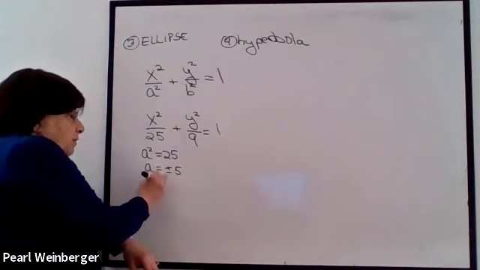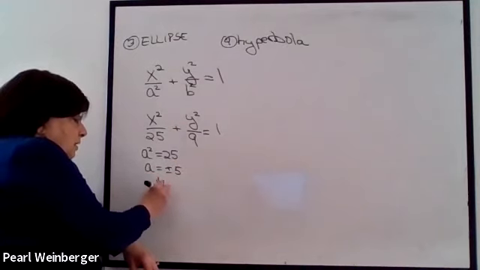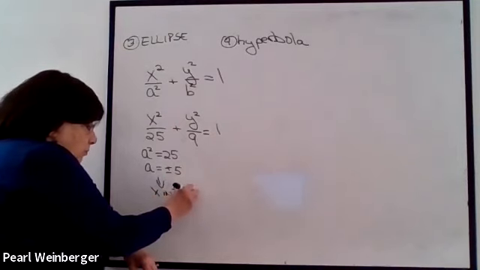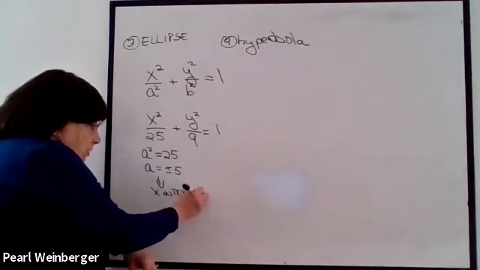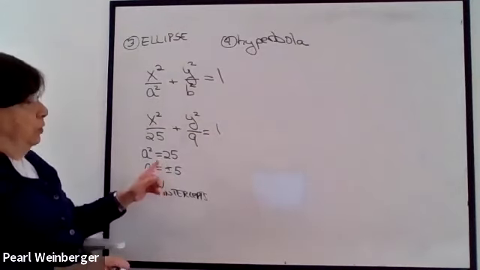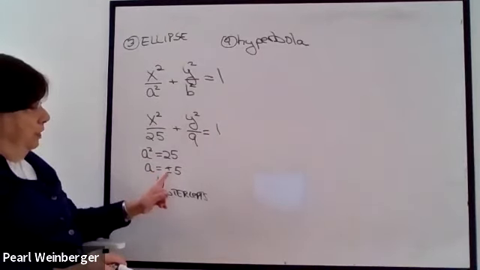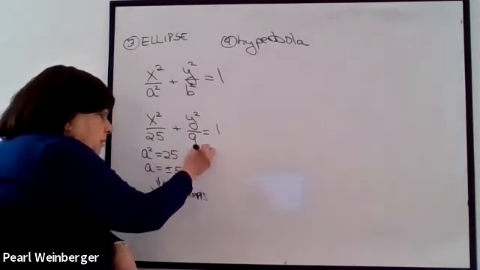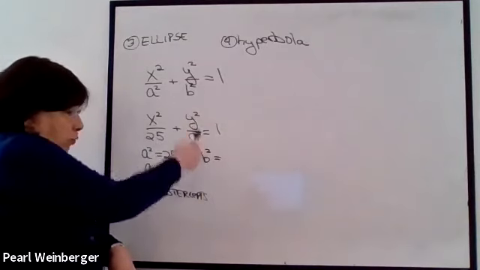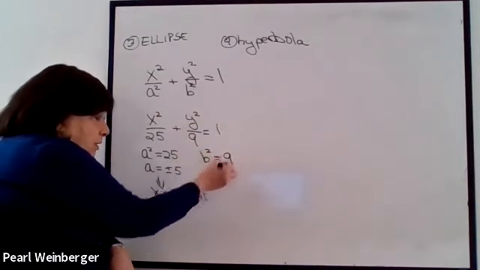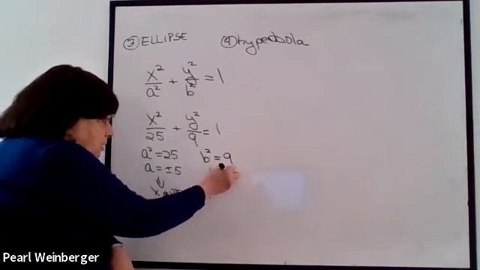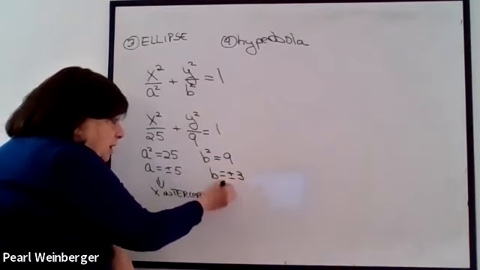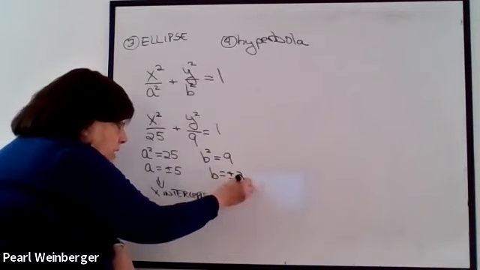What the a gives us are the x-intercepts. There are two x-intercepts, one at 5 and one at -5. The b squared is the number underneath the y squared, that's 9, which means my b is either positive or -3. The b are the y-intercepts.